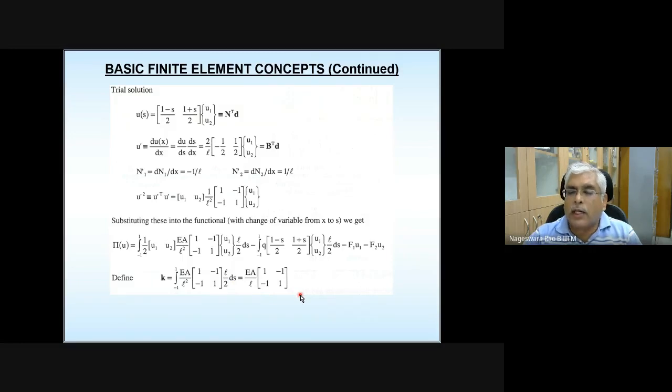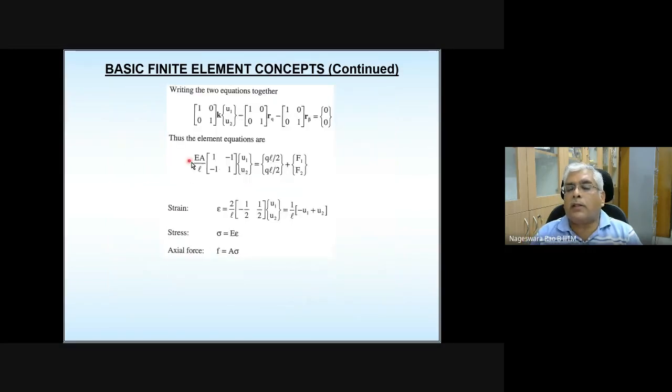And for the particular case where E, A are constant and Q is constant, the element equation looks like this. Based on this, you need to assemble the element equations, get the global equation system, apply the essential boundary conditions, and then solve the equation system for the unknowns, and then go back to each element. Once you get the nodal values, go back to each element and find the strain, stress, and force in that element.